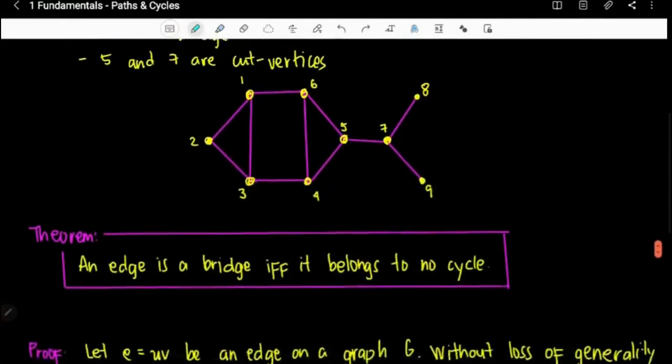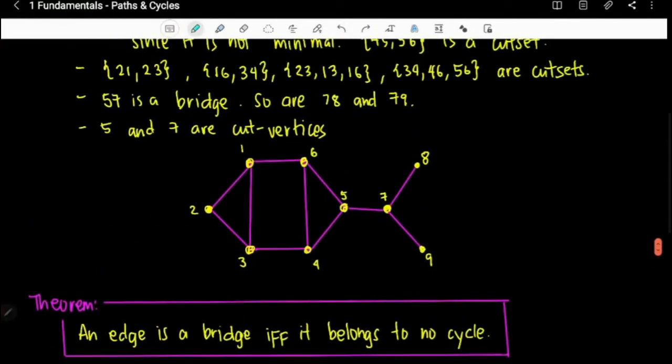Kasi di ba yung cut set na containing 2, 3 can be this set, pero that same edge 2, 3 is also contained in this cut set. So, a cut set is not unique.